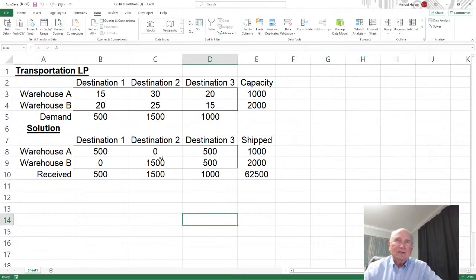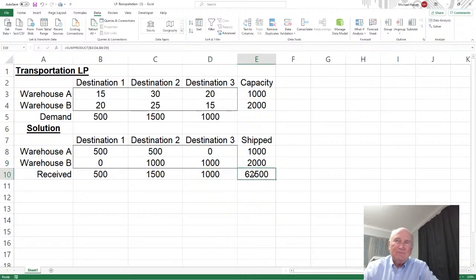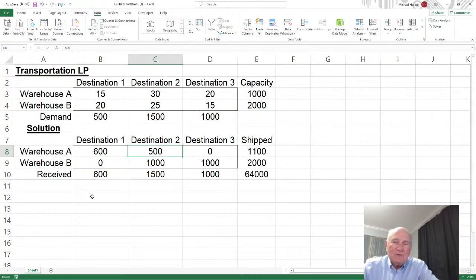Now notice, we also knew that there was another solution where if this was 500 and this is 1,000, it's still 625, see? Now, we know that this is optimal because right here, suppose I moved it this way. In other words, this was 600 and this is 400. This is no longer 625.